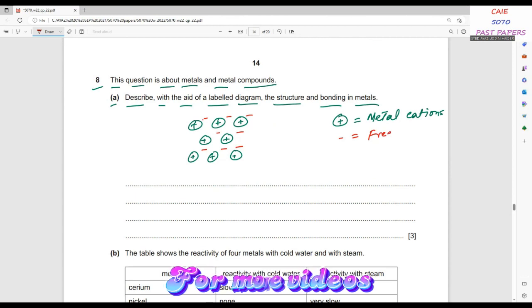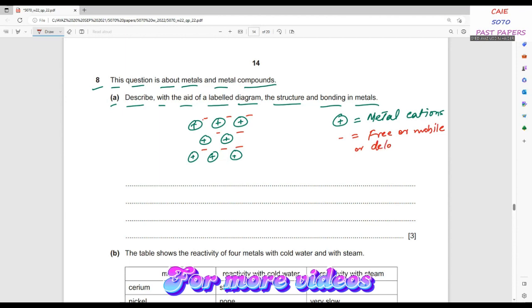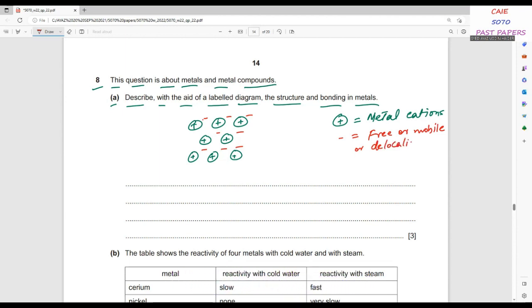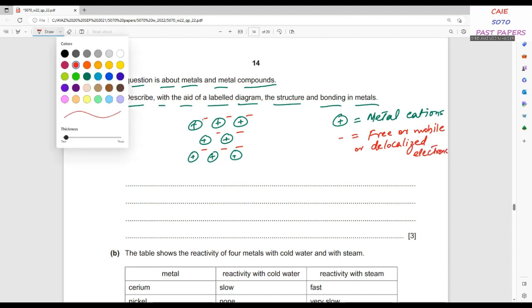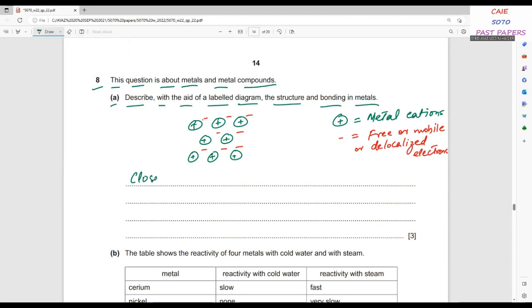These will be free, mobile or delocalized electrons. So write closely packed positive or metal ions.